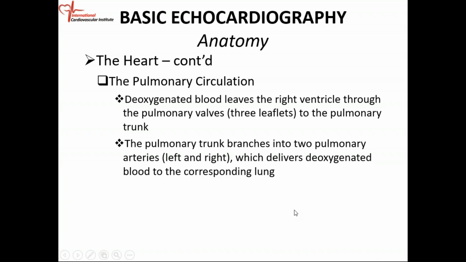Okay? So the deoxygenated blood that leaves the right ventricle through the pulmonary valves, there are three of them, goes to the pulmonary trunk. Then the pulmonary trunk branches into a right and a left pulmonary artery, which is going to take the blood to the lungs.